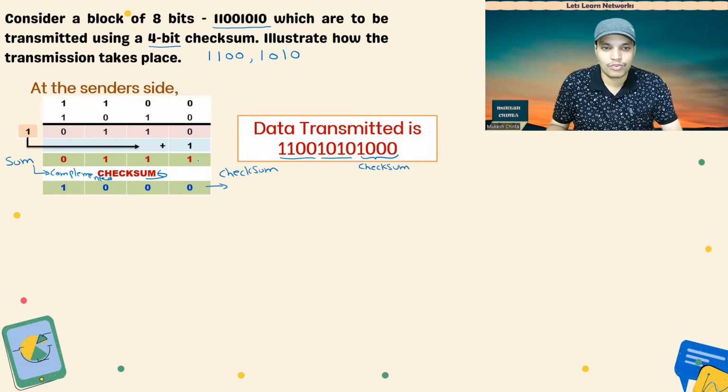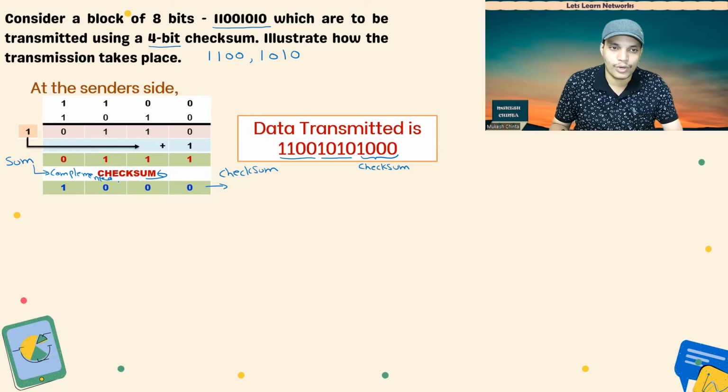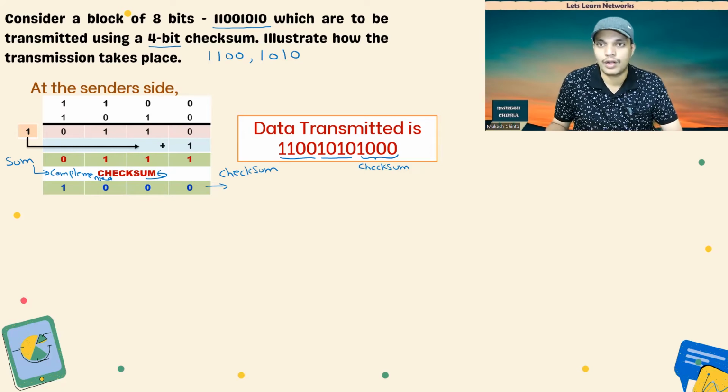Please remember that most students make a mistake by forgetting this step. They simply compute the sum of all given data blocks and add it to the original data. But unless you calculate the complement to get the checksum, this method is invalid. It will not do error detection. So this data is actually transmitted to the receiver.